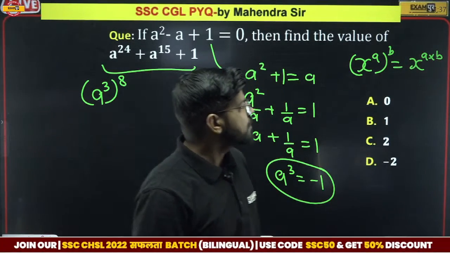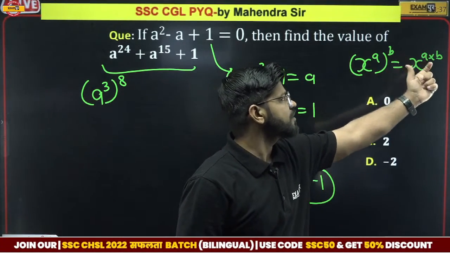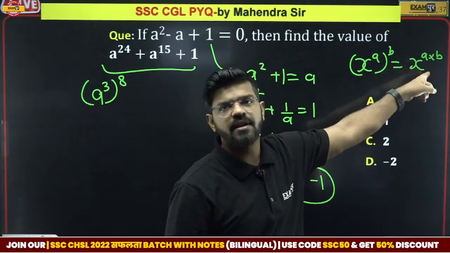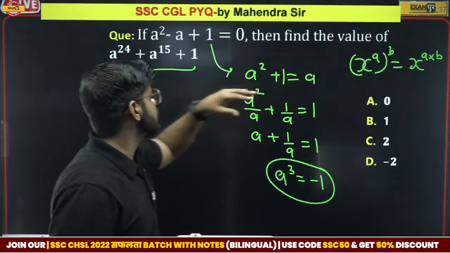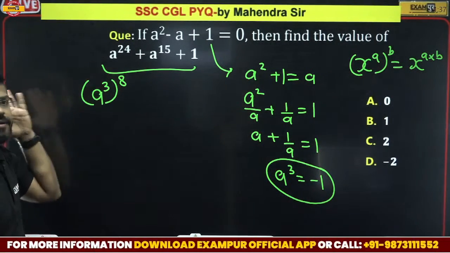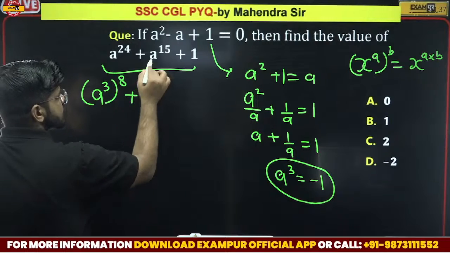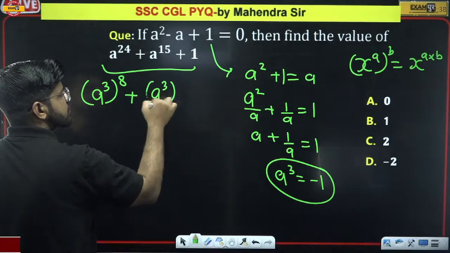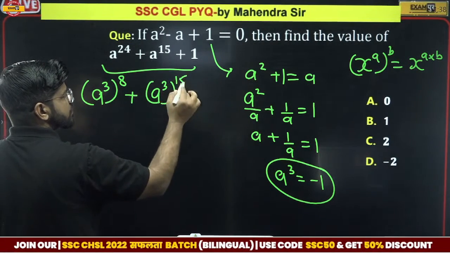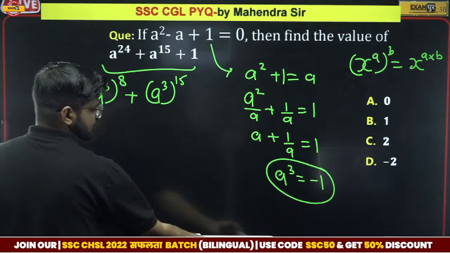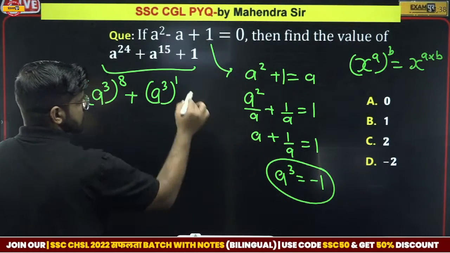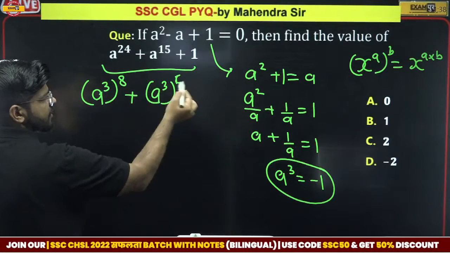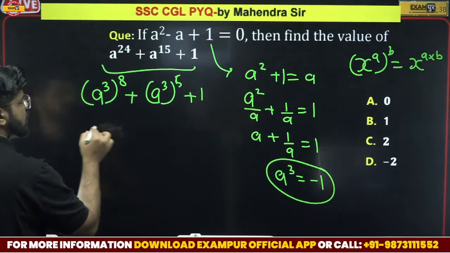So here it is 3 into 8, so we can write it as a to the power 3 into 8. Plus here we can write a cube power 5. 5 3s are 15, and we have plus 1 already.